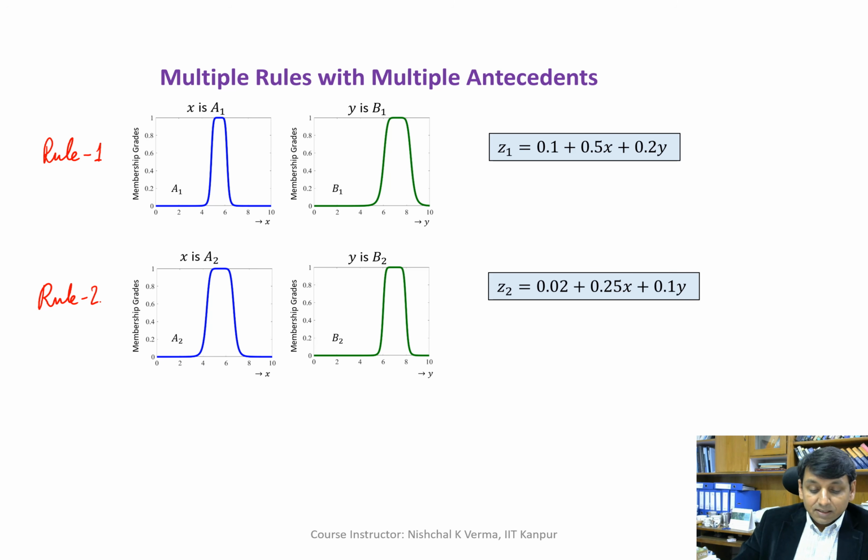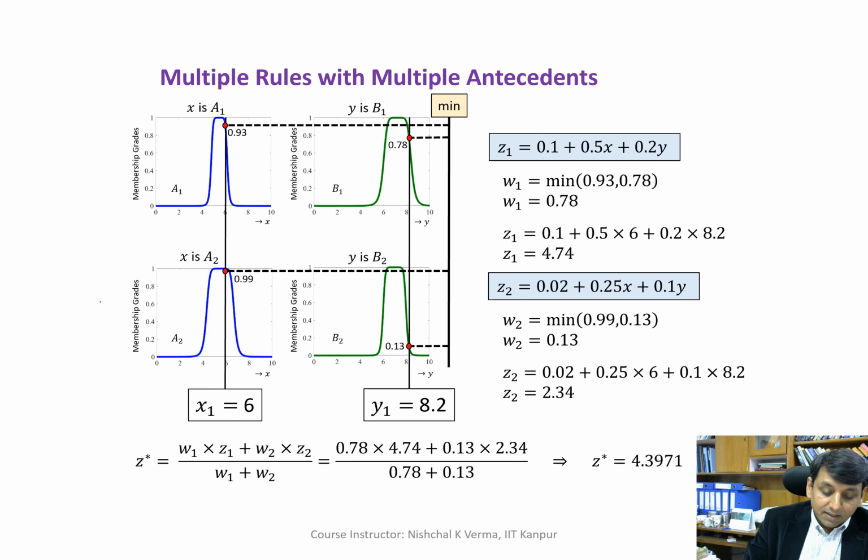So let us apply the input x1 and y1. x1 is equal to 6, y1 is equal to 8.2. And let's see the corresponding outputs. So corresponding to rule number 1, the W1 is the point of intersection corresponding to x1, the first antecedent, first input.